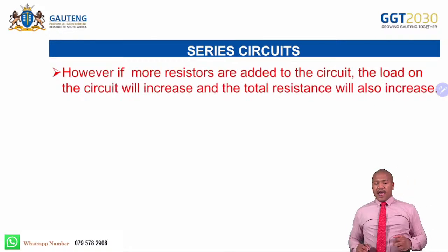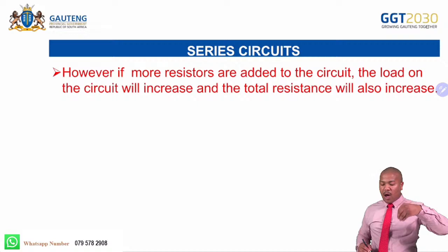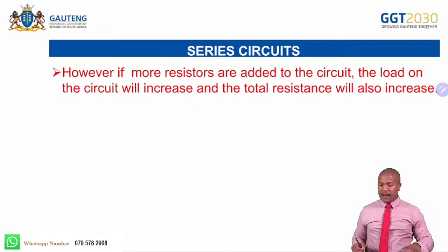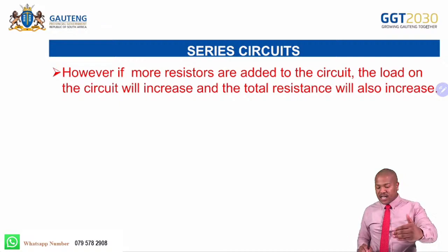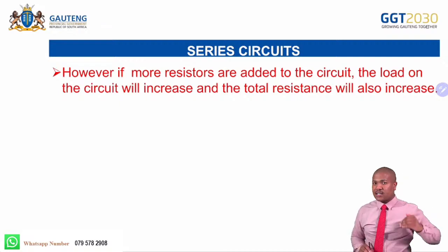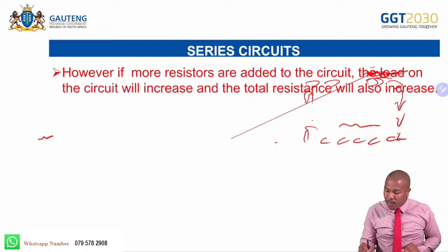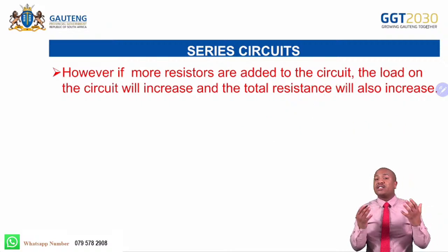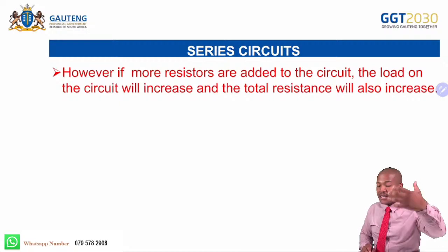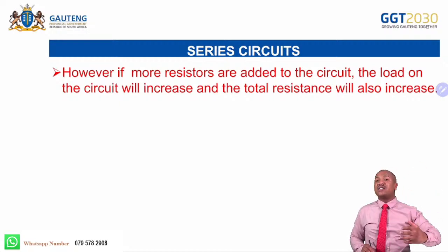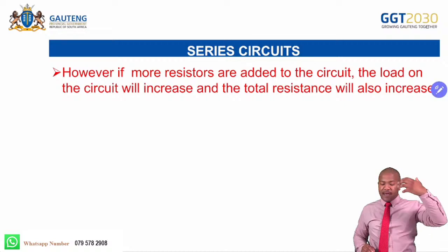However, if more resistors are added to the circuit, what is going to happen? The load on the circuit will increase and the total resistance will also increase. Remember, load is any component in a circuit that uses up energy. So the load will increase as you add more resistors, and the total resistance will increase.